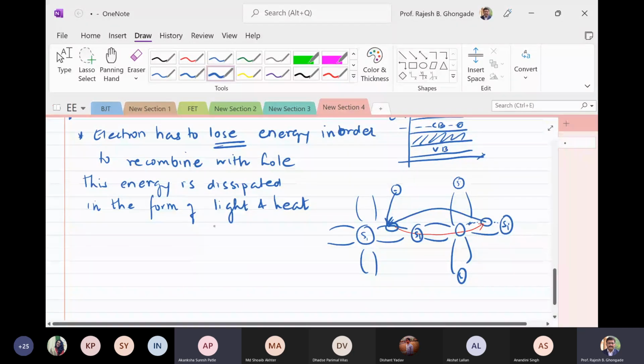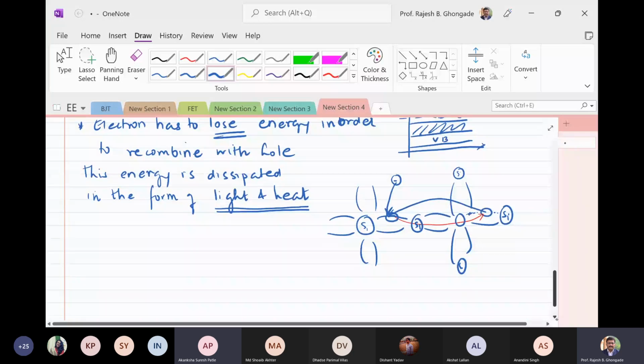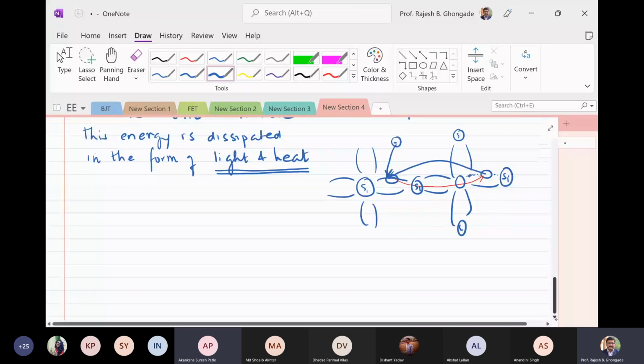Are you able to understand this? This energy is given up in the form of light and heat. Now, if the semiconductor material is transparent or better translucent, this light is emitted and the junction becomes a light source, that is, it becomes an LED. So, this is the basic operating principle of LED.